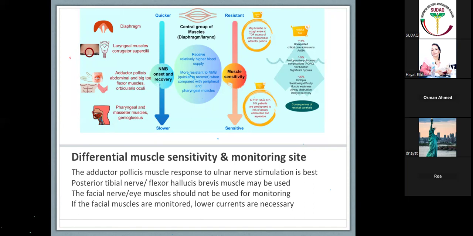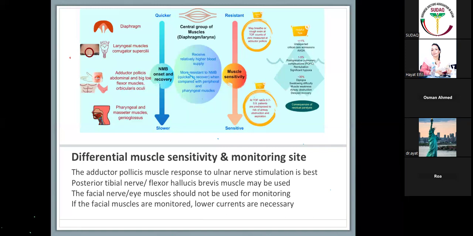If you want to identify where you can monitor these twitches, the larynx, diaphragm, upper abdominal, and corrugator supercilii muscle display relative resistance to neuromuscular block. Okay, so they block more slowly than the others.